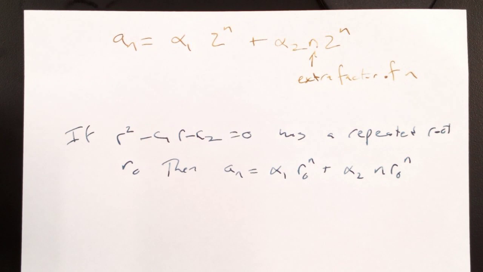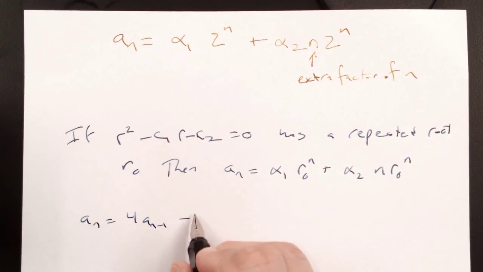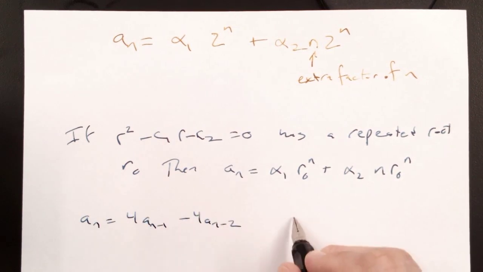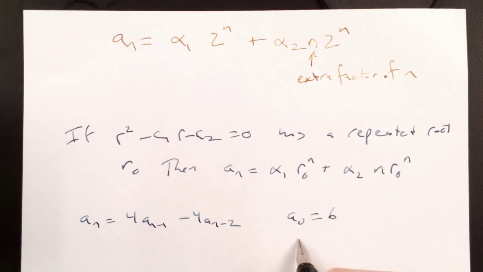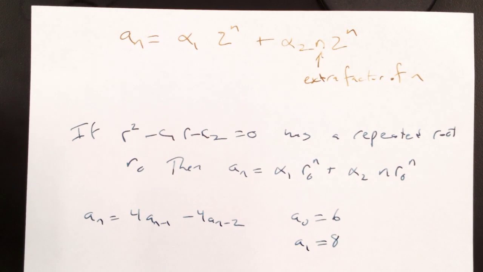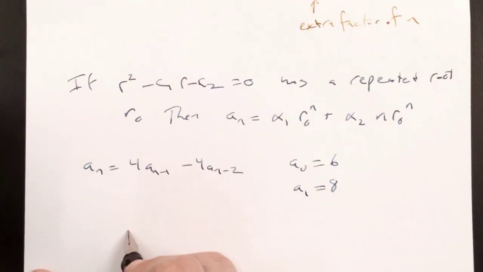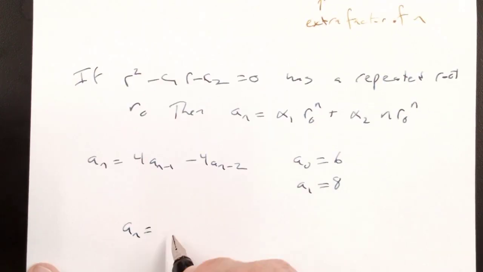So let's go back and look at our problem again. With those starting values, and having found that the only root is 2, I know that a_n should look like this form we have up here.